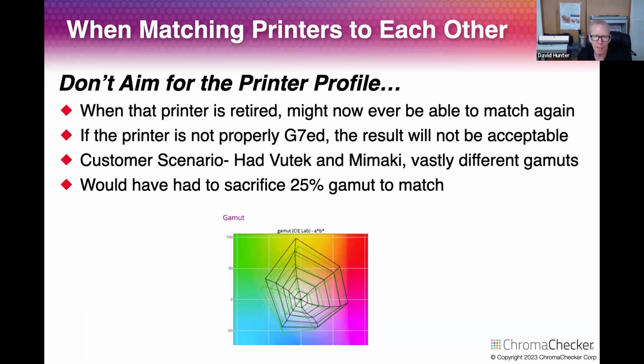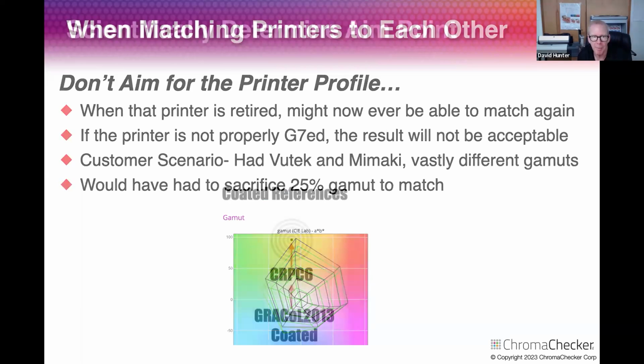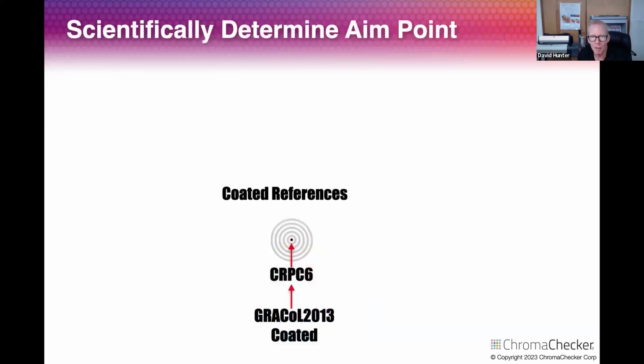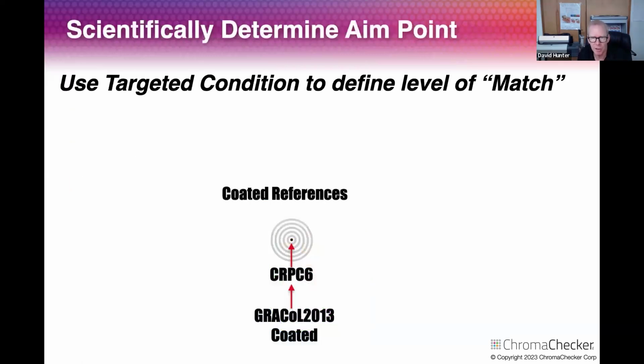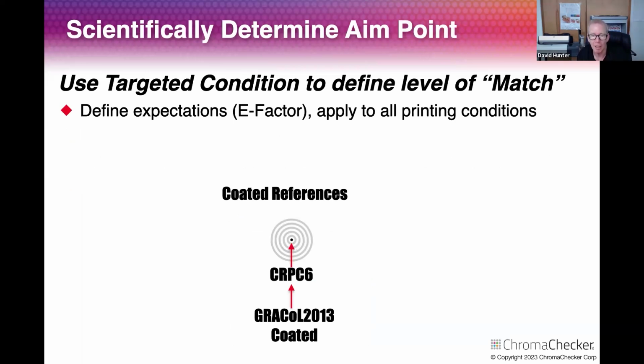And knowing this in a tool like Profile Inspector helps you understand this very clearly. So this is why you don't want to match printers to one another. So what do you do? Ideally, you want to scientifically determine the aim point and use a targeted condition in which to define a color match, like Grackle.